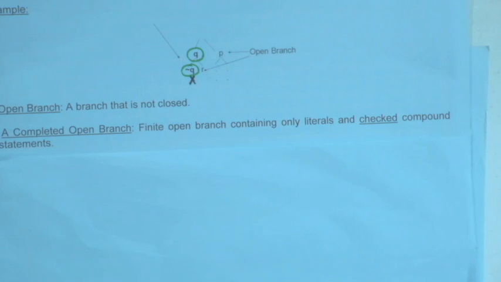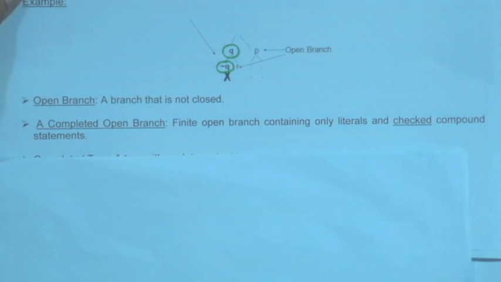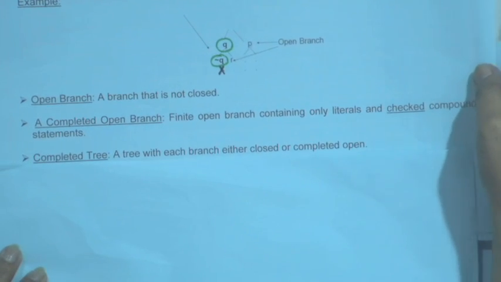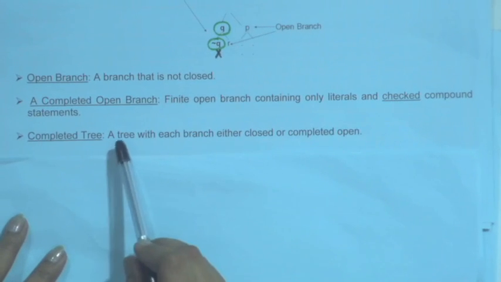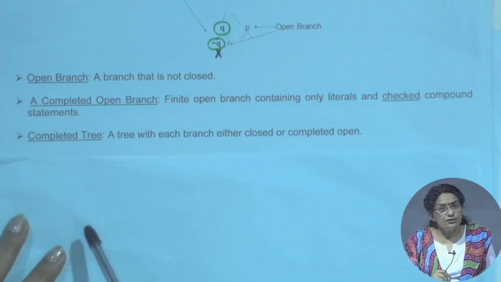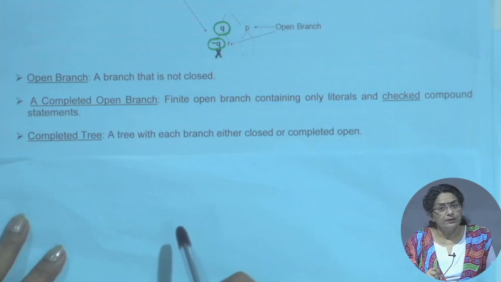Okay. And then here comes, can we now zoom out? So, then here comes the other thing, the completed tree. What is a completed tree? A completed tree is a tree where each branch is either closed or completed open.